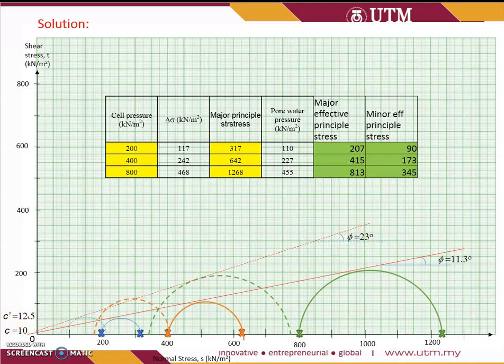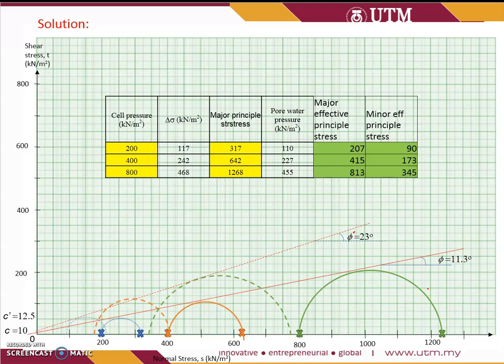Note that in the effective stress condition, the C prime and phi prime are much bigger compared to the total stress condition. So it seems we get better strength when we check the effective stress of the soil compared to the analysis using total stress.